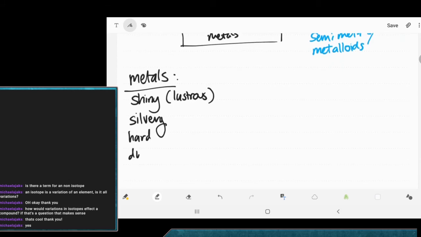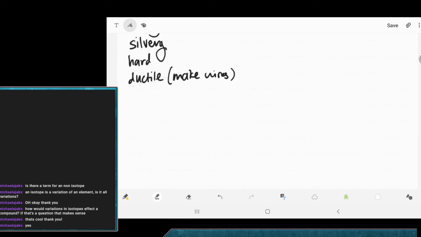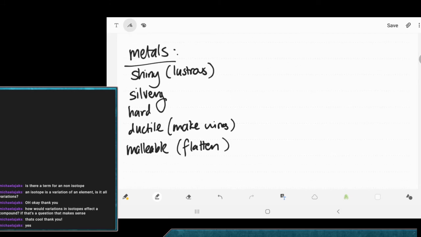They are ductile, meaning you can make wires out of them. They are malleable, meaning you can flatten them. And they're typically conductive to both heat and electricity.